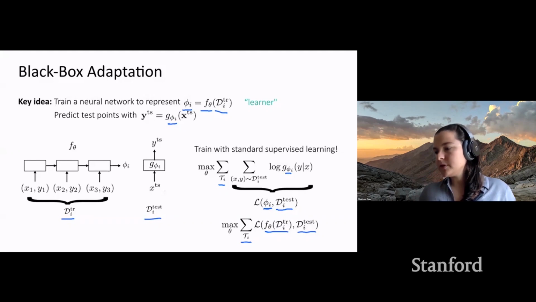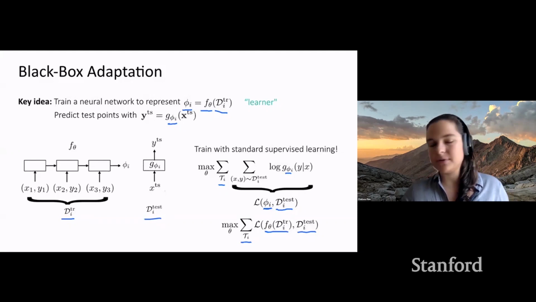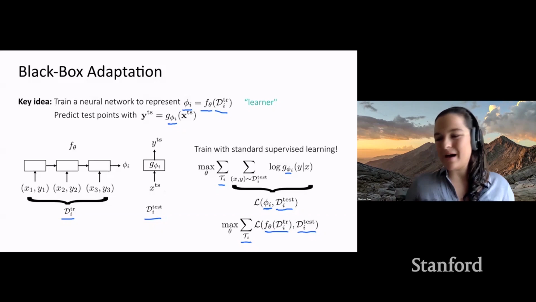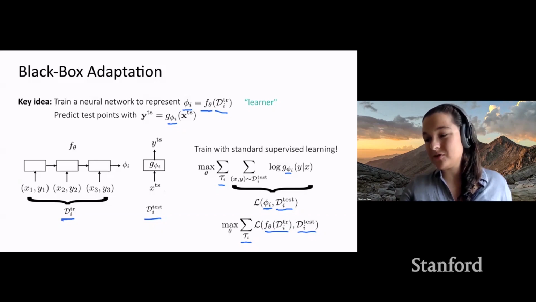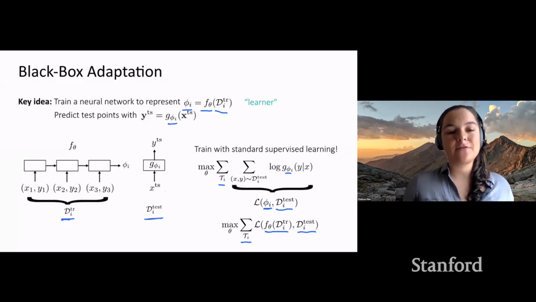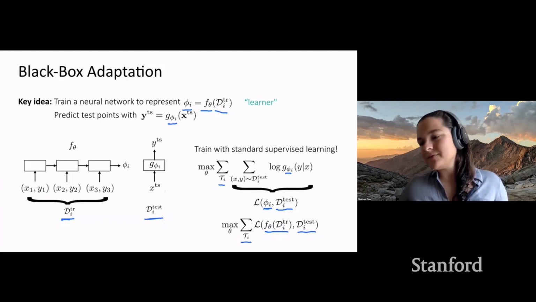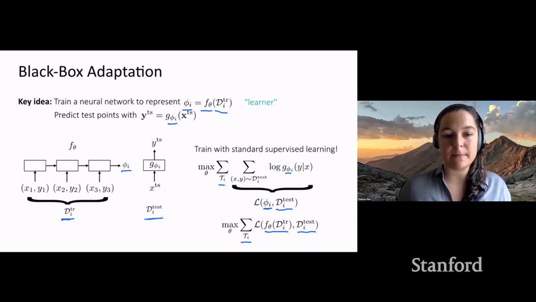Yeah, so this is what happens during training: like we talked about before, you have a training data set and a test data set for each task. You sample different tasks, you pass those into your model, that produces a set of parameters, and then you evaluate the generalization performance of that set of parameters.